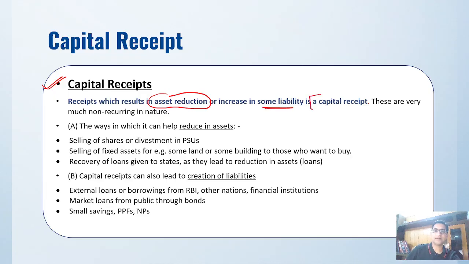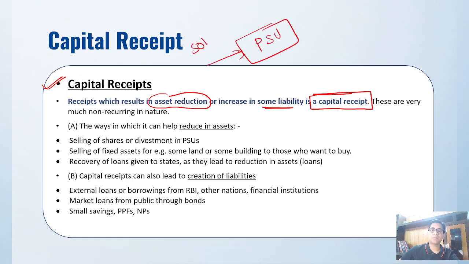That means, if you have one public sector undertaking and you have sold it, your asset got reduced.